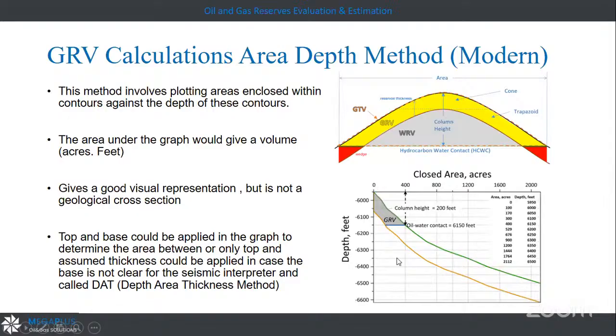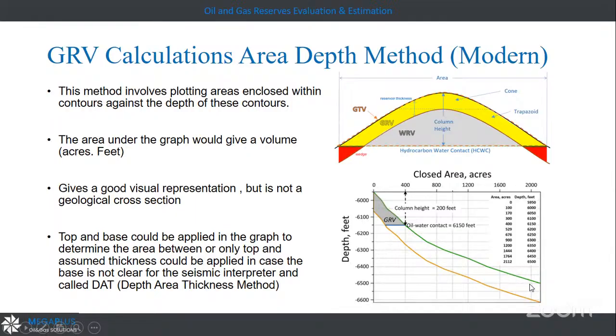Obviously this rectangle will be the volume, area multiplied by the depth. So I will draw something like that for the top and the base, and the volume will be the difference between them. So I can get it easily, and this is the most accurate one, and we use it. We can get this from the seismic data interpretation structure map.